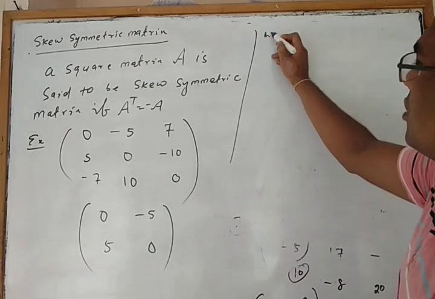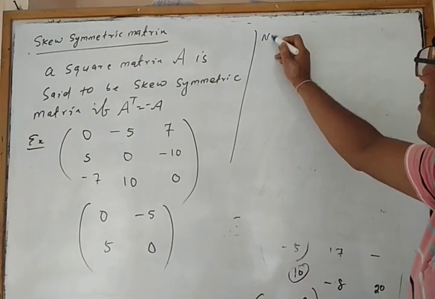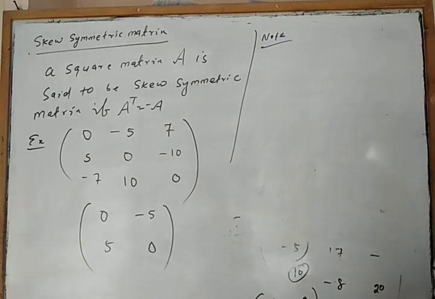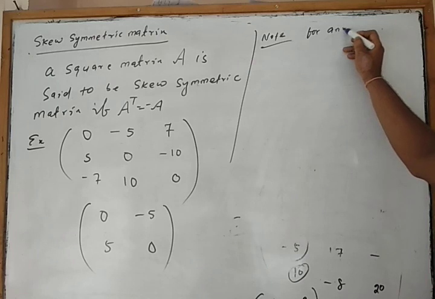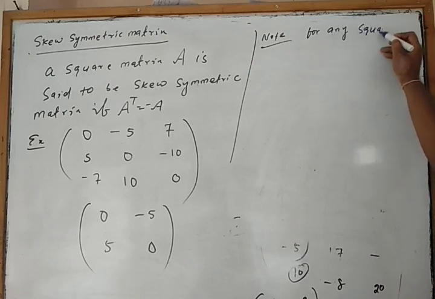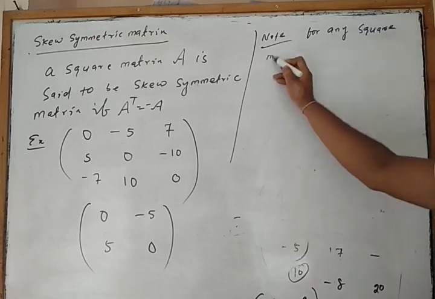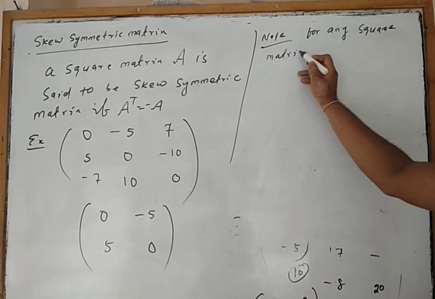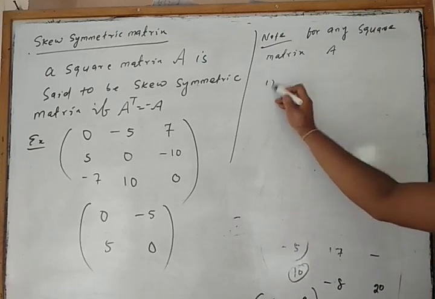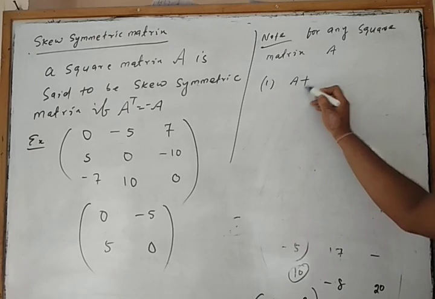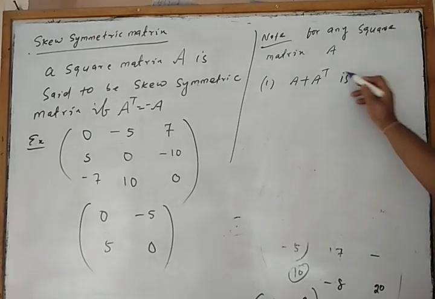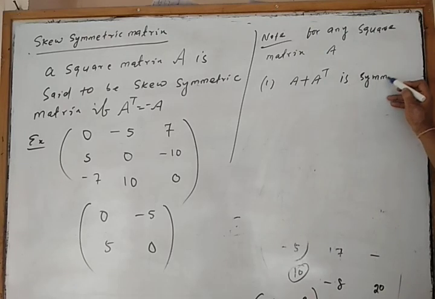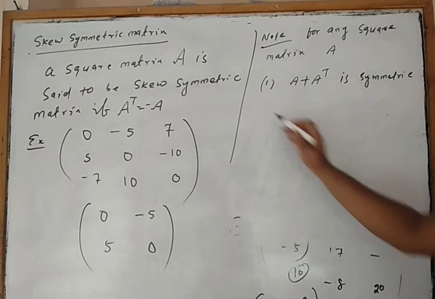Note number 1: for any square matrix capital A, number 1, A plus A transpose is a symmetric matrix.